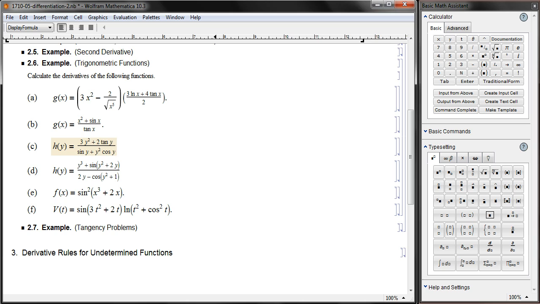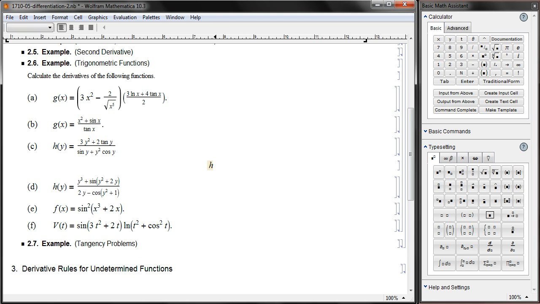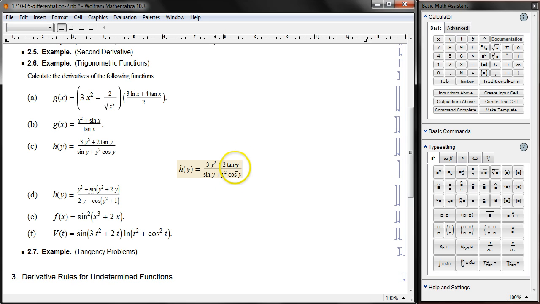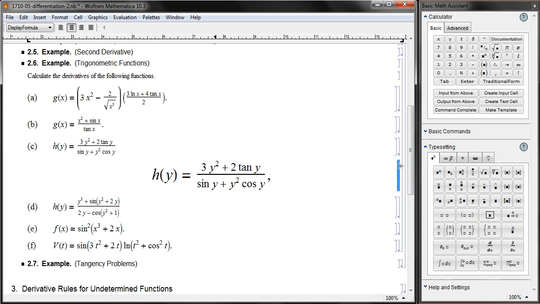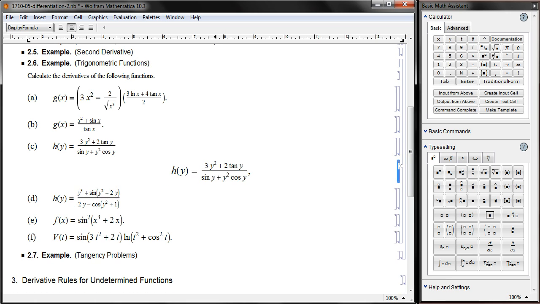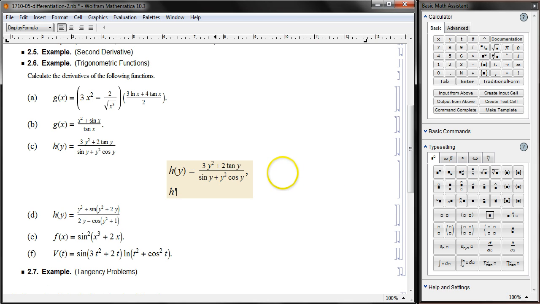Let me see. Do I have enough time? I guess so. Let's go ahead with this problem. H of y is equal to this, and let me increase the font. Maybe too big. And then let's work out this problem.